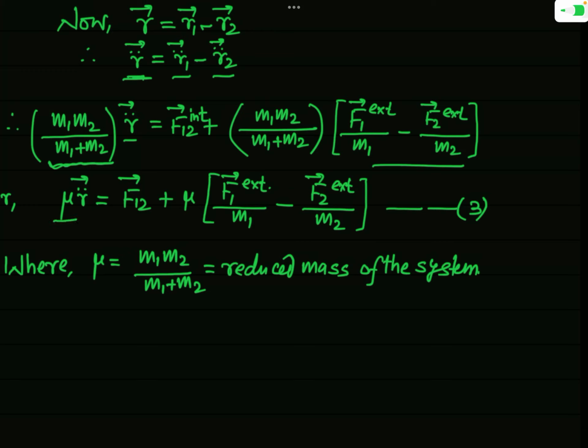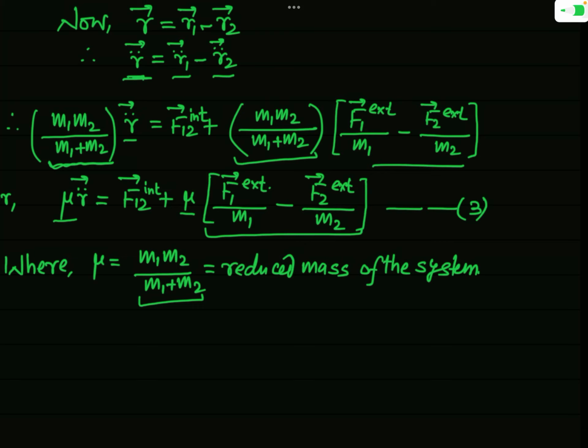It means mu has been written in place of m1 m2 divided by m1 plus m2. So mu r double dot equals f12, which is in fact internal, plus again here there is m1 m2 over m1 plus m2, so we will again write mu times this much, you can see.